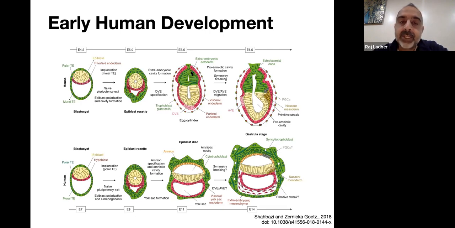At implantation, the mouse embryo looks very different. It forms a cylinder, and so the embryo here in yellow is organized as a cup, and development happens within the cup.